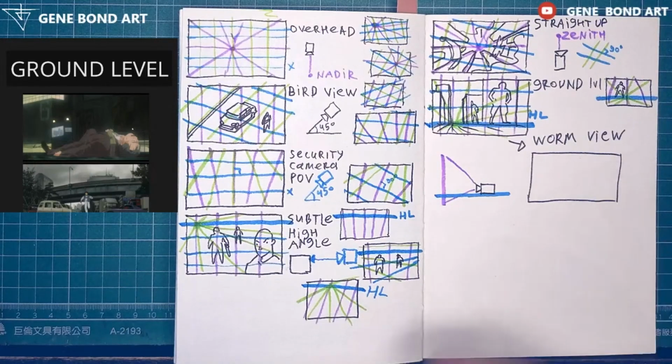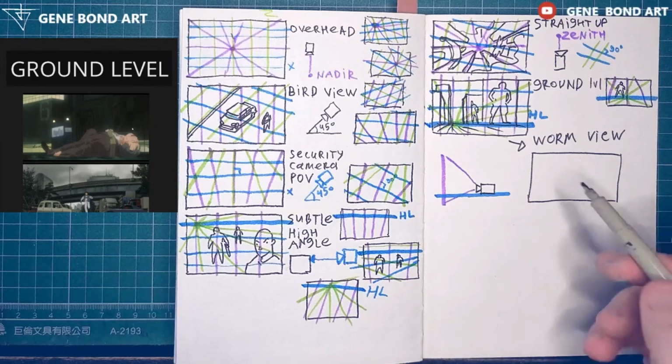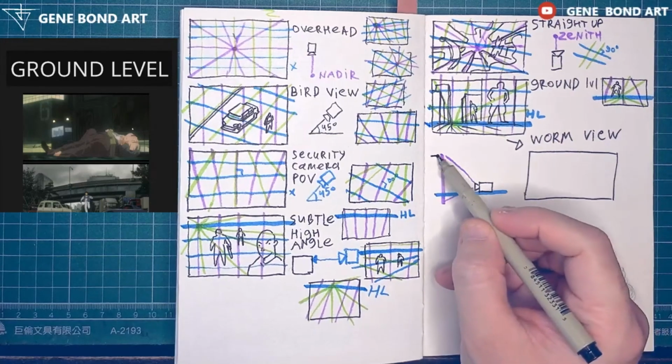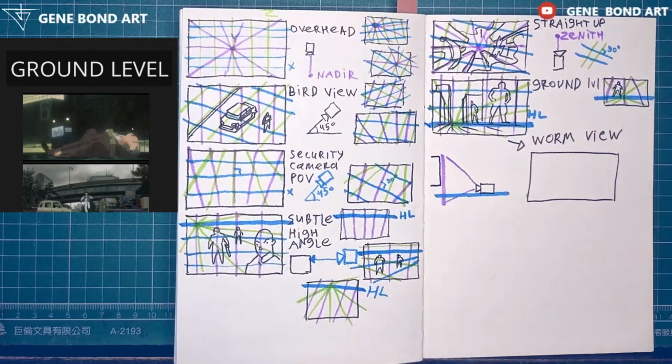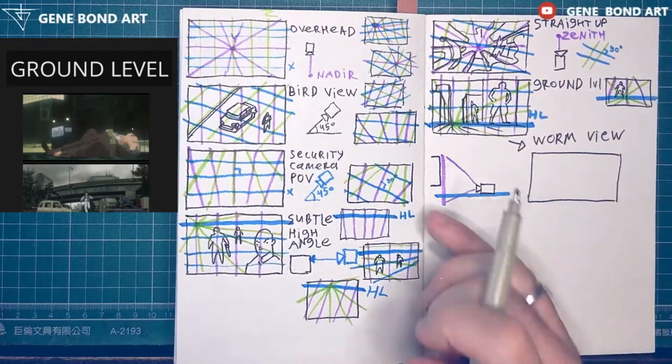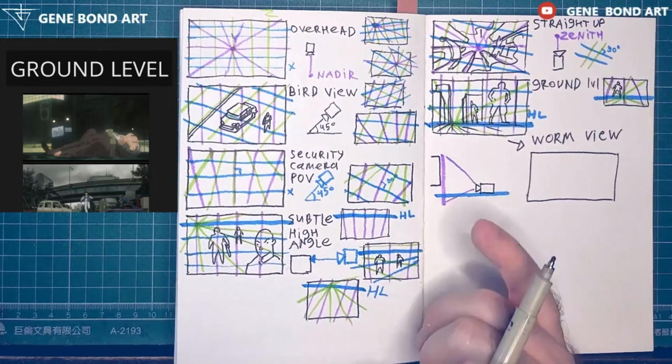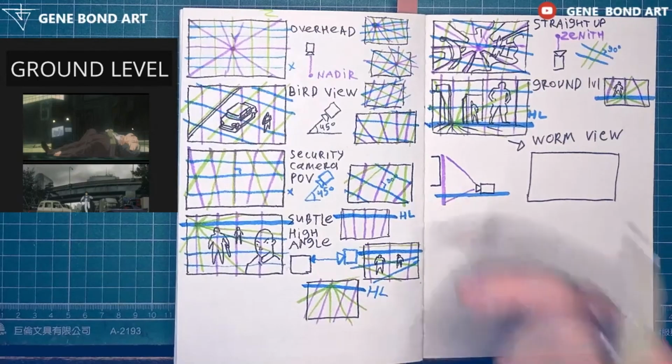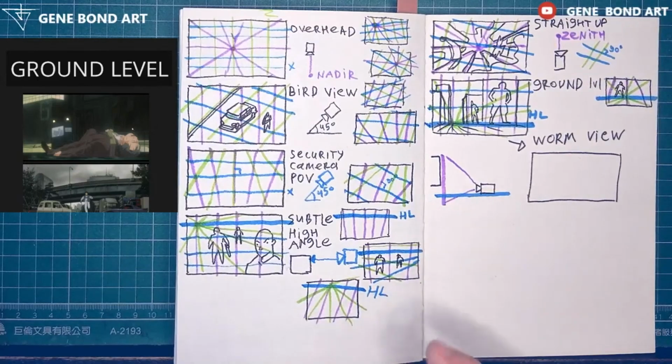In worm view, we can take this part of a video without including the ground or horizon line inside the frame.